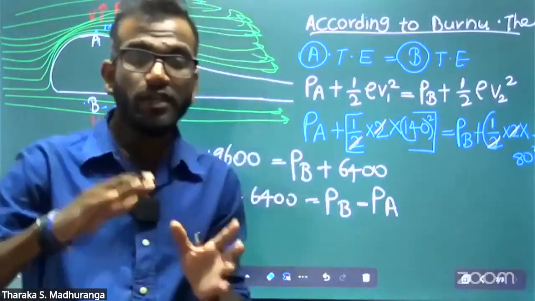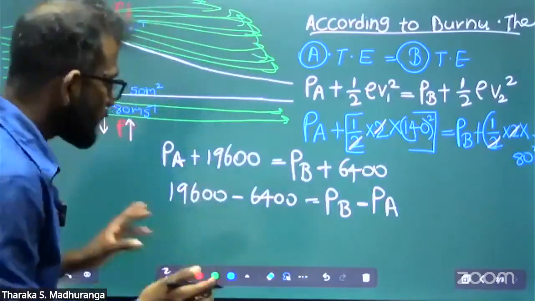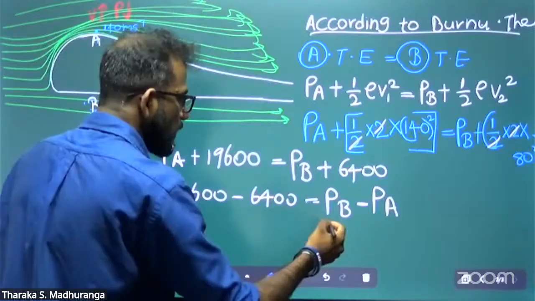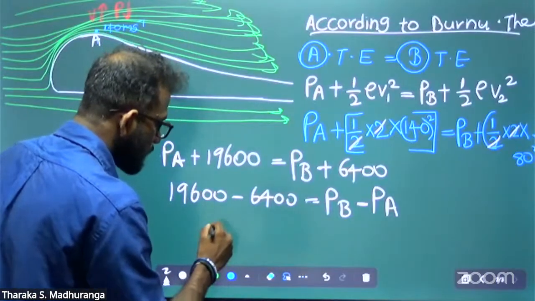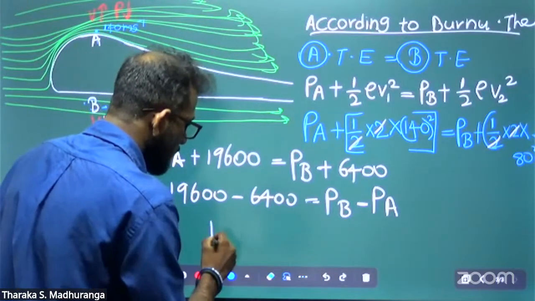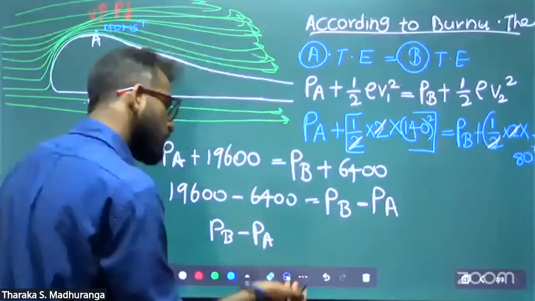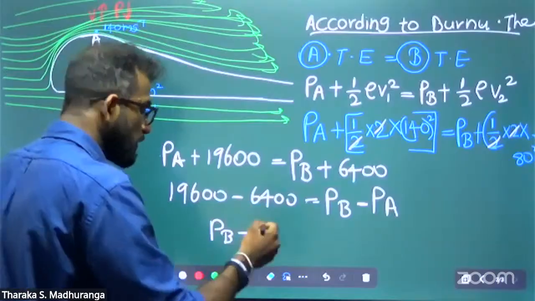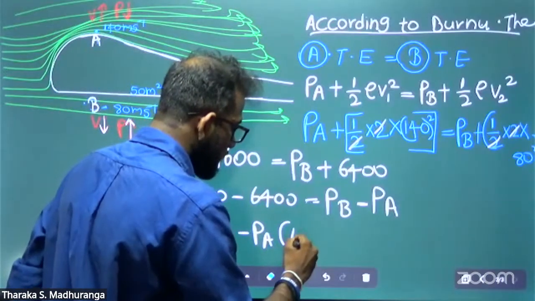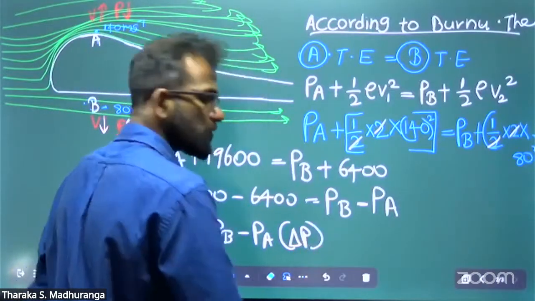Airplane is lifting due to this pressure difference. PB minus PA, that's the pressure difference, delta P.